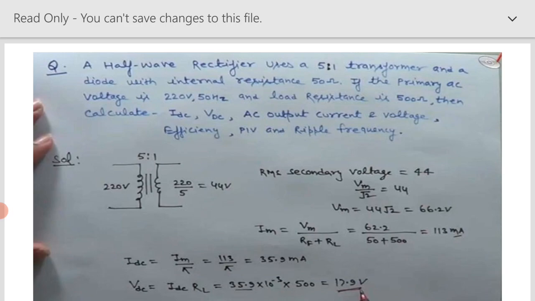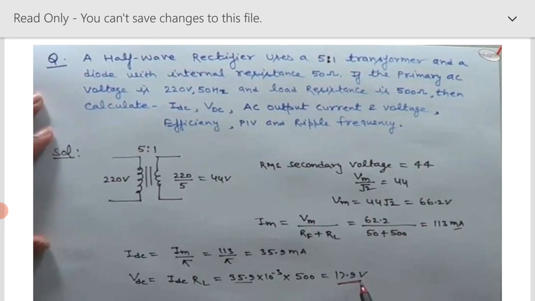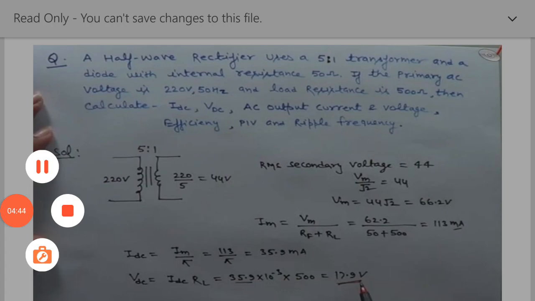So the output voltage is 220 upon 5, that is 44 volt. V is equal to IR. The output voltage of the 5:1 transformer, 220 upon 5, is equal to 44 volt.